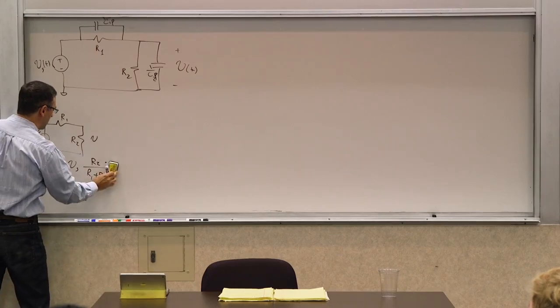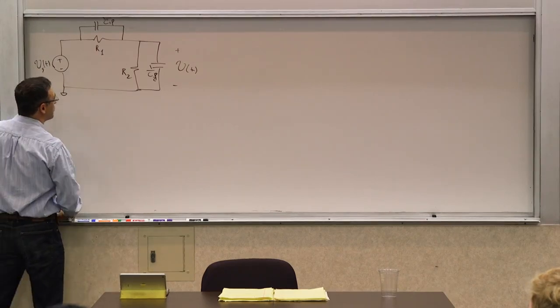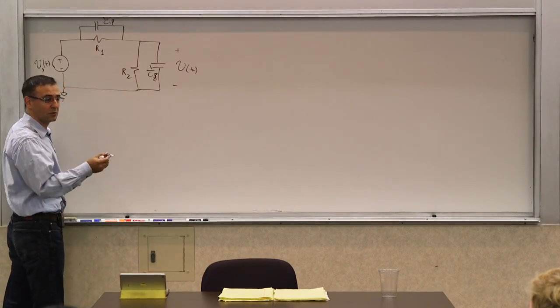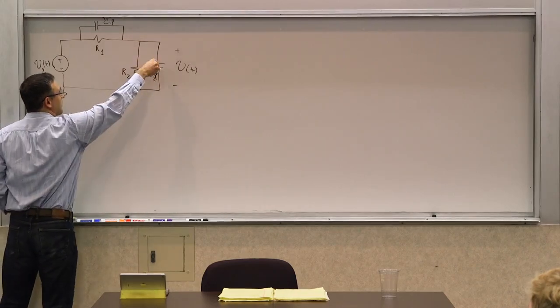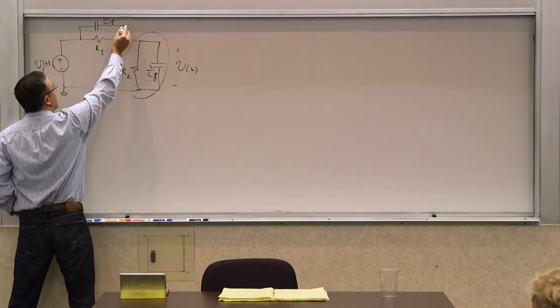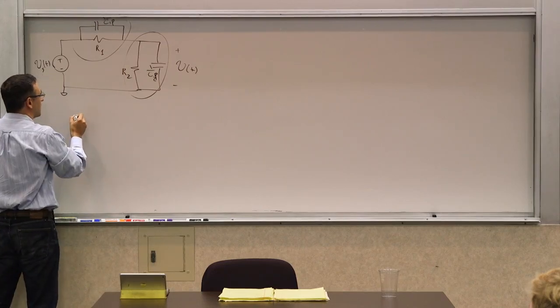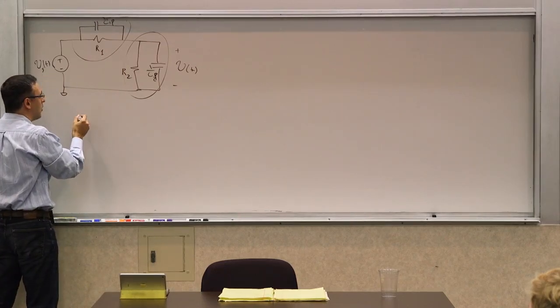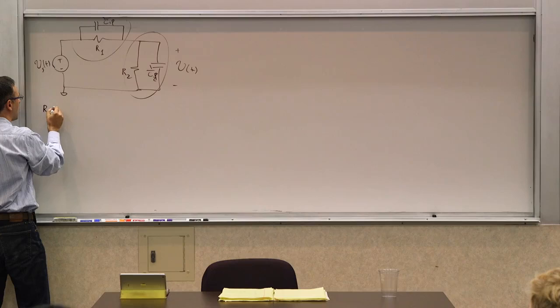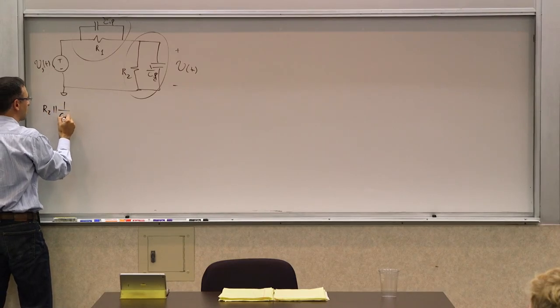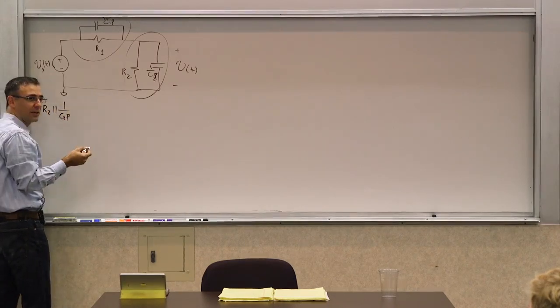So we need to calculate those. We have a parallel combination of 2 things. How do you calculate this part, this thing and that thing? You are basically trying to calculate R2 parallel 1 over C2P, which is the product divided by the sum.